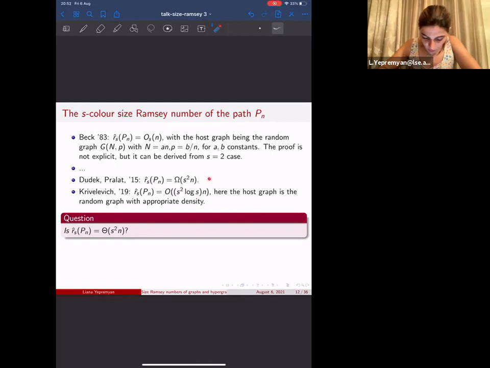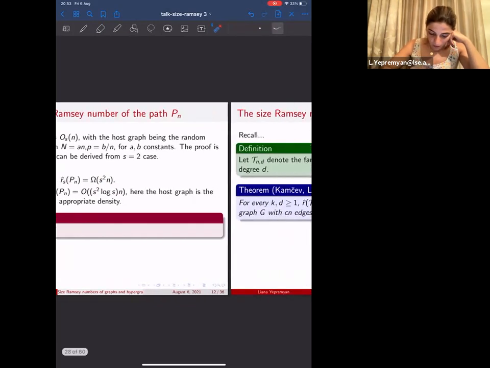And the question is which one is true, and I think it is much more believed that the lower bound is the true bound. So basically, for the s-color size Ramsey number of paths, now it's about understanding what is the right constant in terms of s, just the order of s.